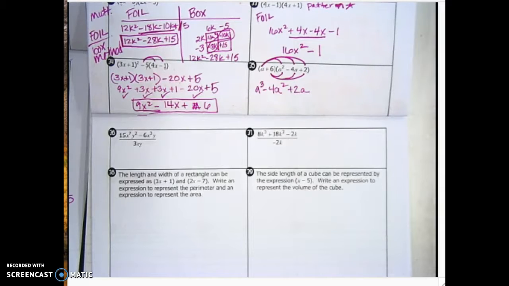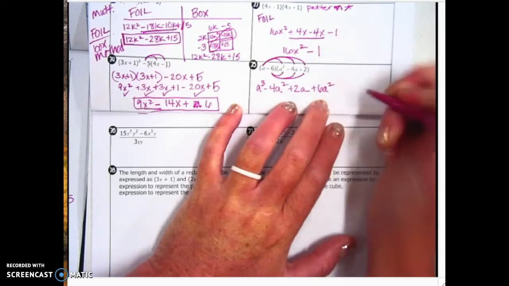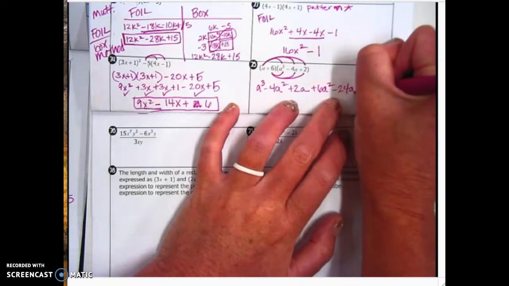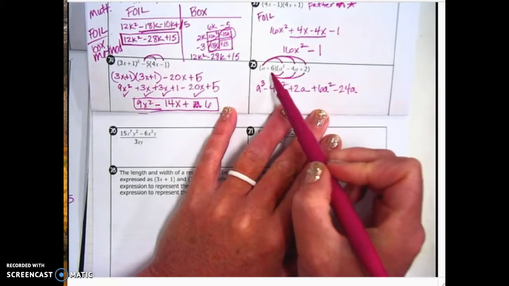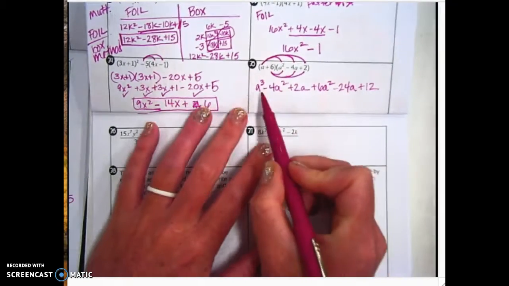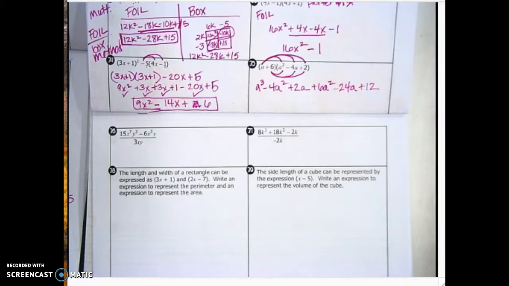We're going to take the positive 6 and multiply it by a squared. That gets us 6a squared. And then the 6 times the negative 4a is negative 24a. And then the last one, the 6 times the 2, is 12. So we have 1, 2, 3, 4, 5, 6 terms because we multiplied 6 times.